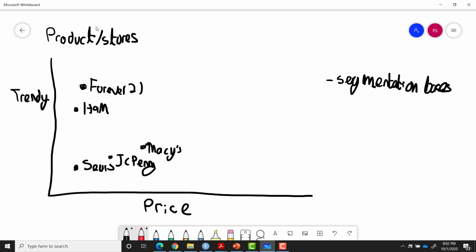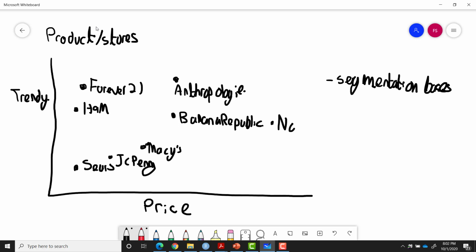Then we have our mid-range, small to mid-sized stores. We've got Banana Republic, and we've got Anthropologie. And then let's just say we've got slightly more higher end, our almost defunct Nordstrom, and something maybe like Louis Vuitton.